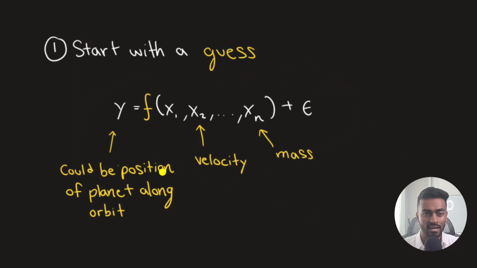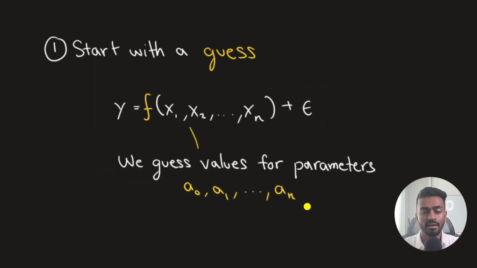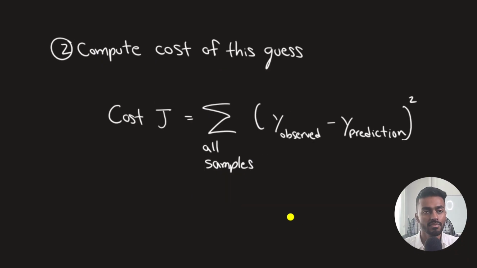Specifically, y could be the position of the planet along the orbit, since that's what he was interested in. Some parameters could be velocity, others mass. This would essentially be a big differential equation, and then we have some noise in the system as well. Now we can start with a guess for the parameters a0 through an for n parameters. Step 2 is now to compute the cost of this guess.